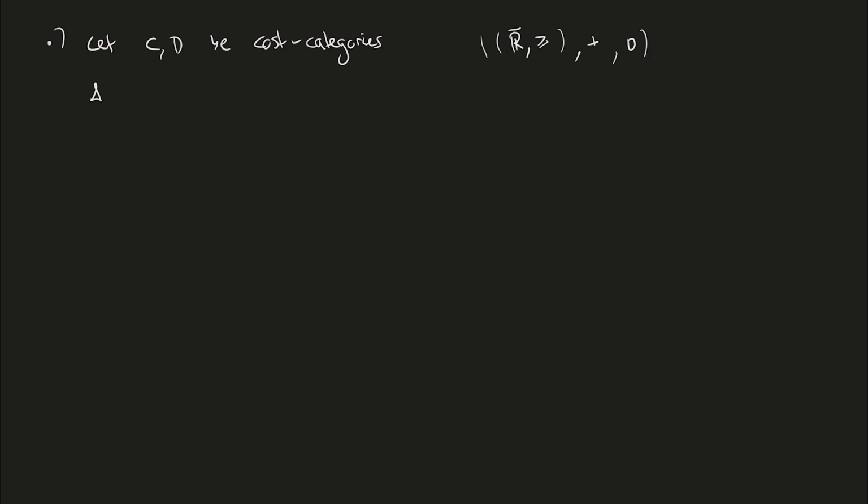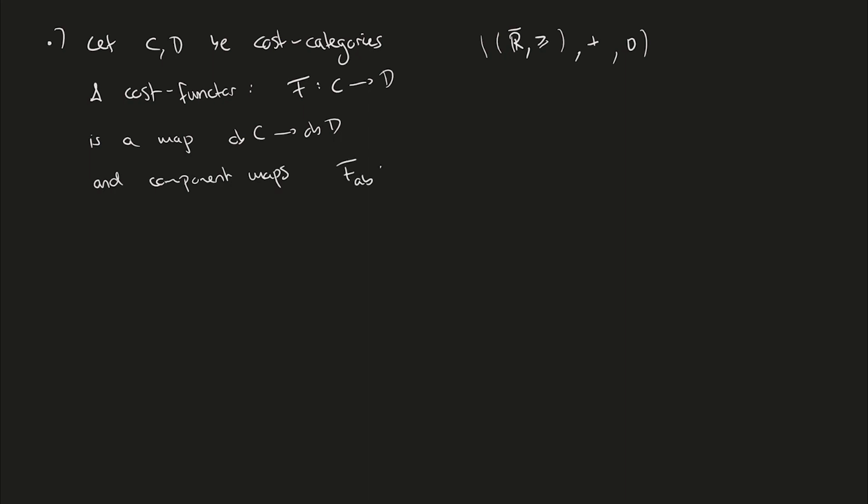We now consider a cost functor, which I'll denote F going from C to D. So this is a map on objects, as always. And we have component maps F_AB going from C(A,B) to D(F(A), F(B)).